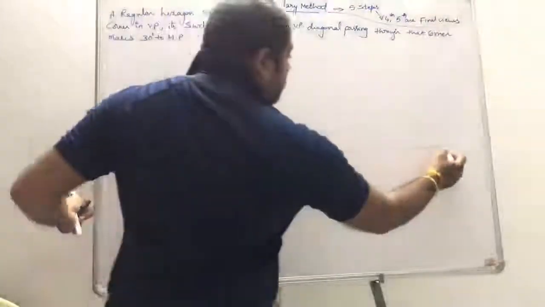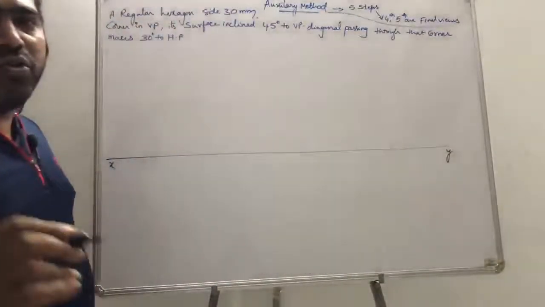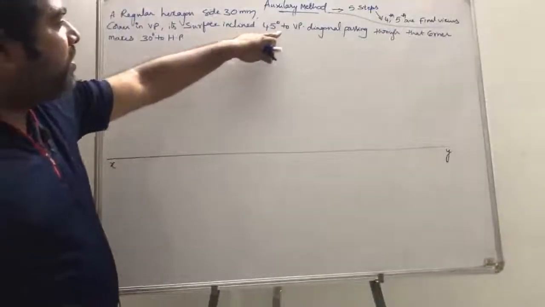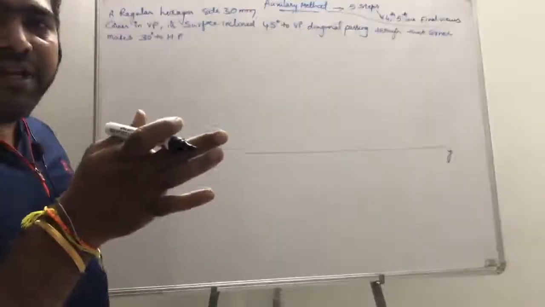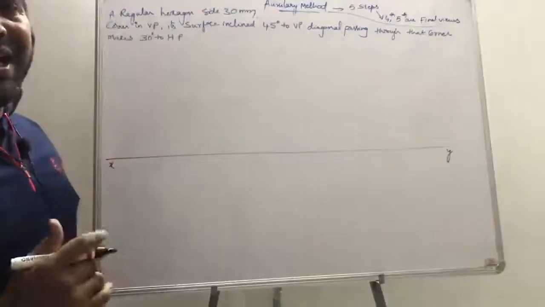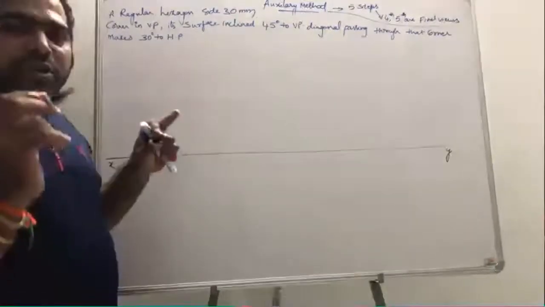Let us assume your plane surface is parallel to the reference plane to which it is inclined. So the surface inclination is 45 degrees to VP, so let us assume your plane is parallel to the vertical plane. So the true shape will be seen from the front, above XY.